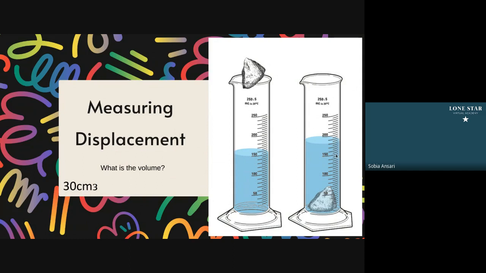Let's see, from 150 to 200, each one of these is 5. So 55, 60, 65, 70, 75, 80. It went up to 180 milliliters. And so 180 minus 150 is going to give you 30 milliliters or centimeters cubed.